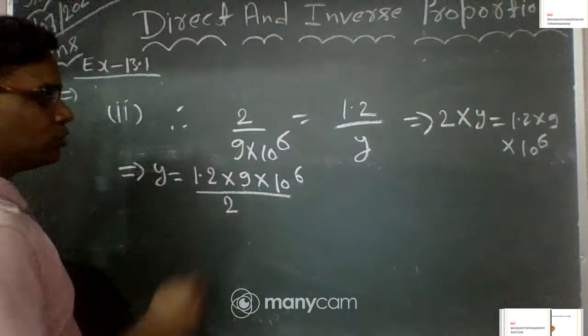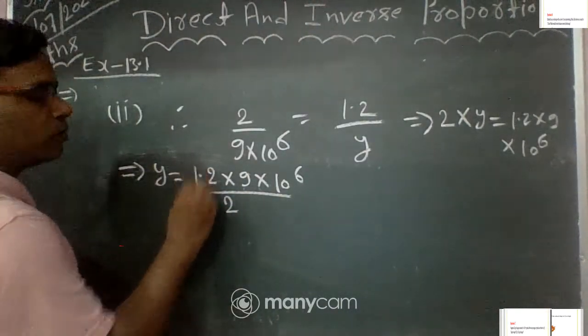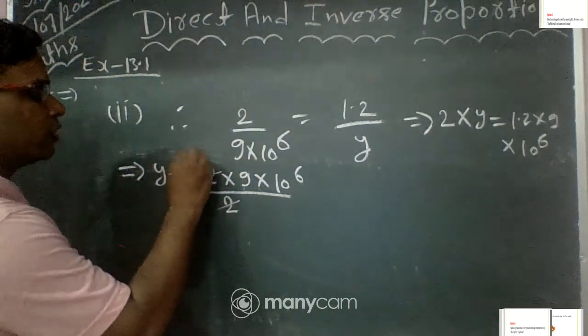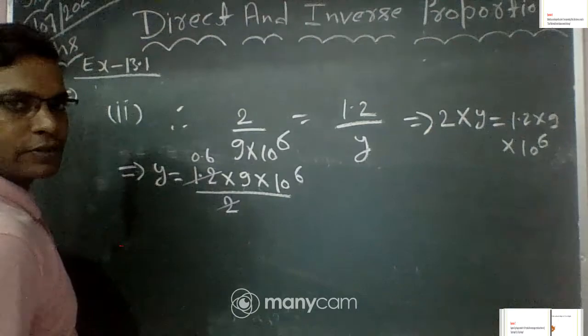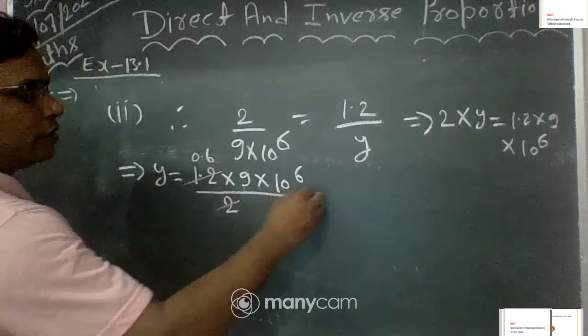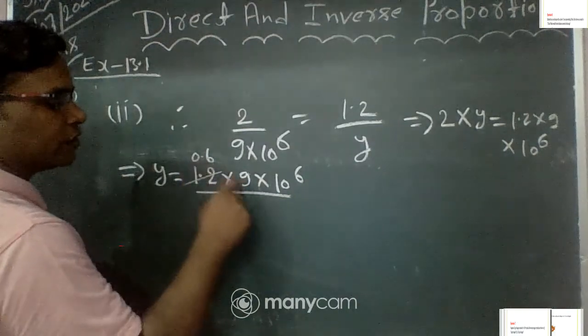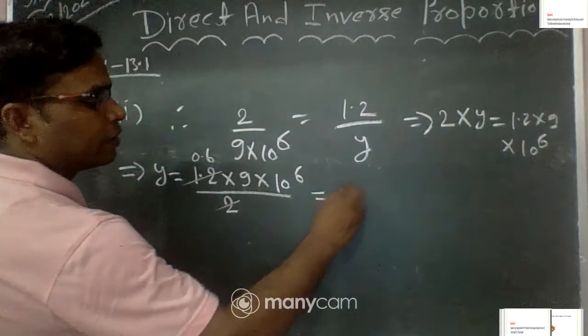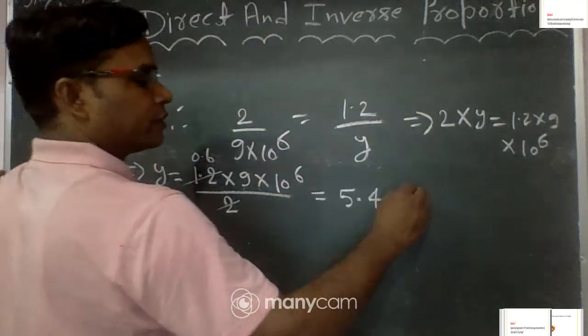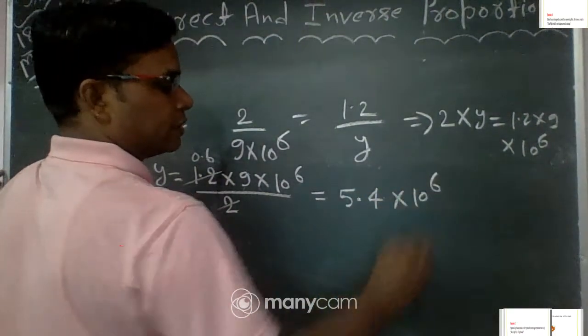Okay, if you divide 1.2 by 2, then we obtain here 0.6. Okay, and then if you multiply 0.6 into 9, we obtain 5.4 into 10 power 6. Clear?